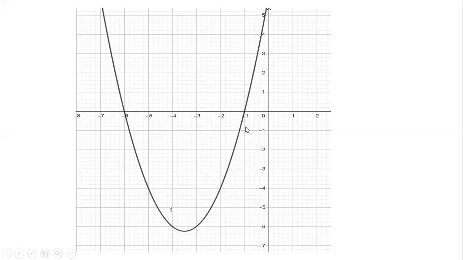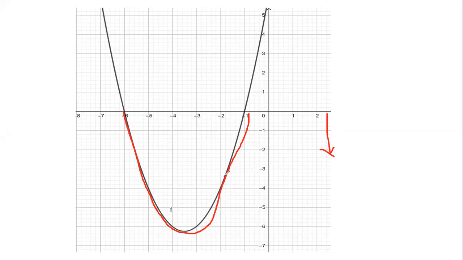Now I'll explain where the graph is negative. That means below this x-axis. This is the graph part, the function is negative up to here, right? So this is the graph part we need.